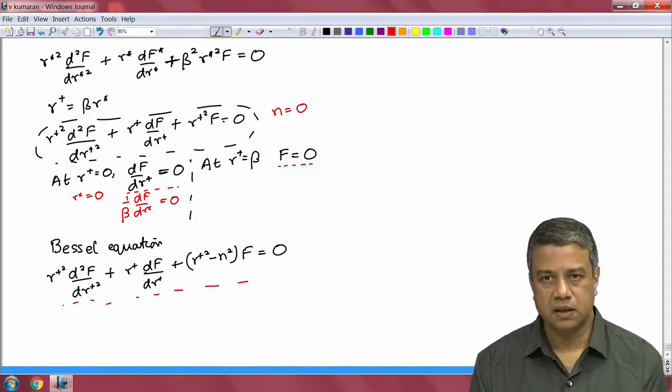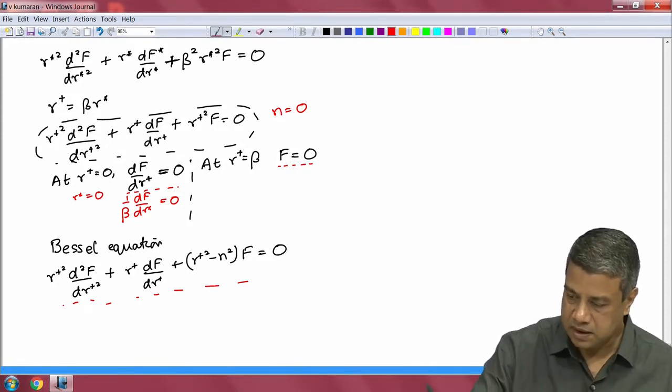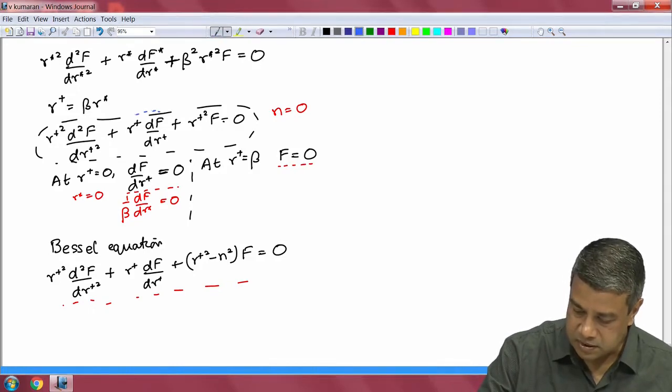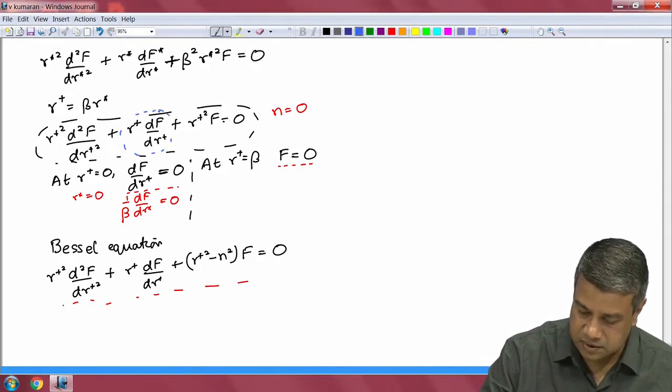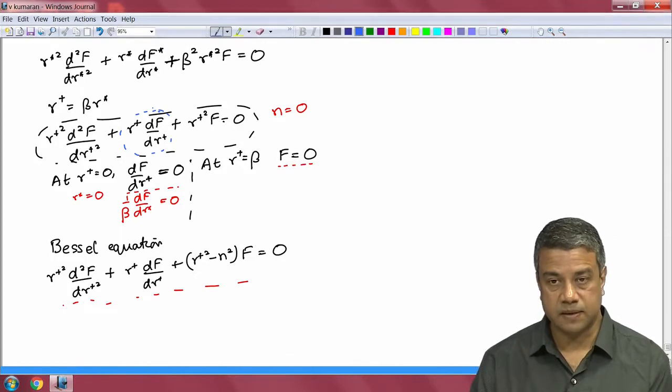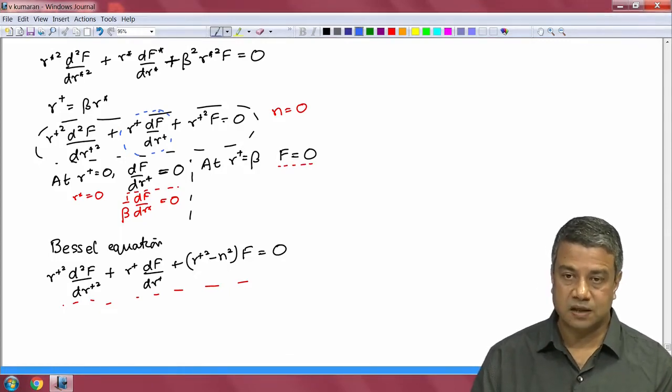You recall that we had a similar equation for transport in a Cartesian coordinate system, except that this middle term was not there. Other than that, the equation was the same, and the solutions were sine and cosine functions.